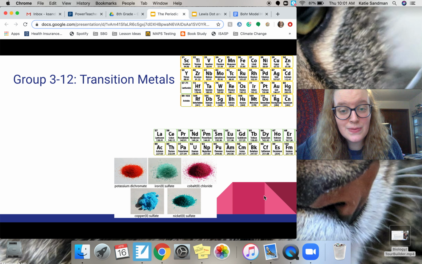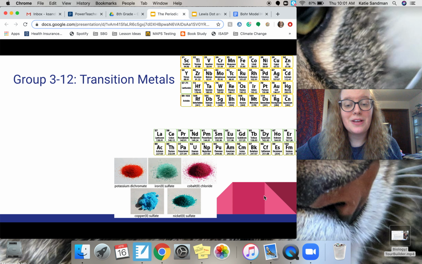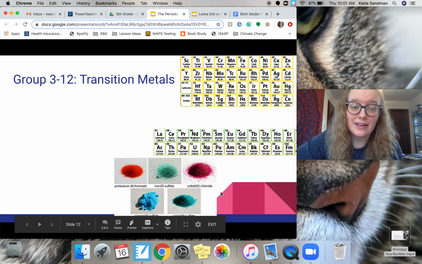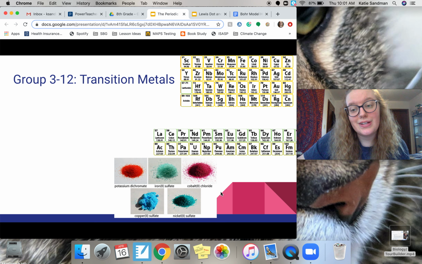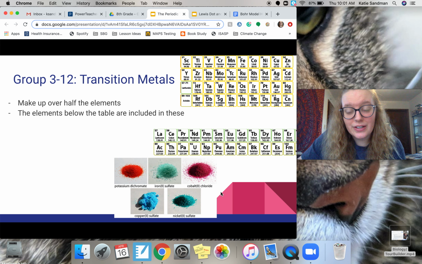Alright, so this one expands from group 3 to 12, and it also includes the elements at the bottom of the periodic table. And these are called our transition metals. So our transition metals make up over half of the elements on the periodic table. The elements below the table are included.